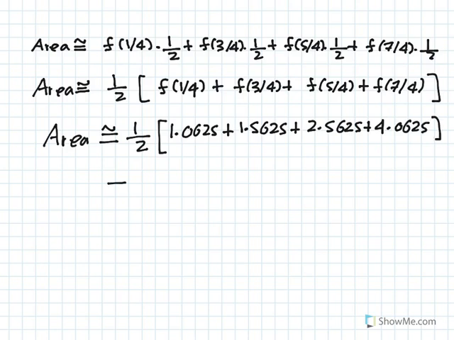Let's add up all these numbers, and we get 1/2 times 9.25. That's equal to 4.625. So we've approximated the area below the function f of x equals x squared plus 1 and above the x-axis to be 4.625, applying the midpoint rule with n equals 4 rectangles.